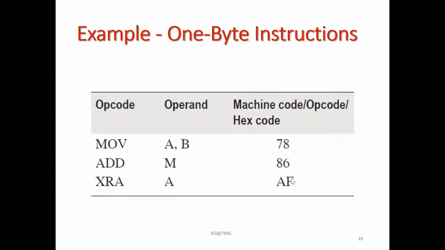So now I have told you that every instruction, that means 78, is an instruction code. The meaning of this 78 is move the content from B register to A register. Now this instruction must be loaded in some memory location.